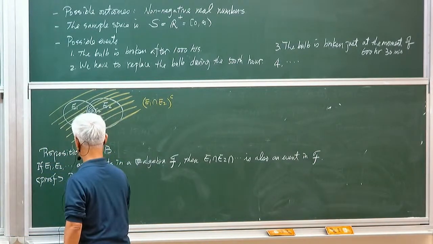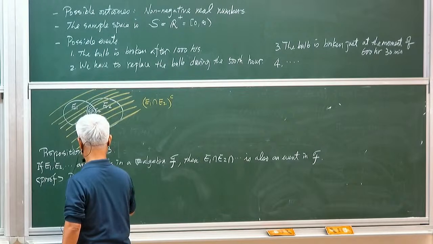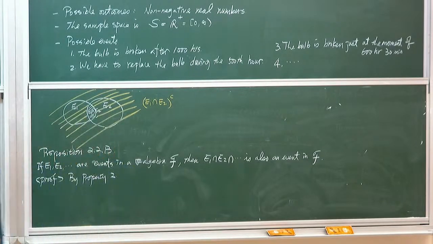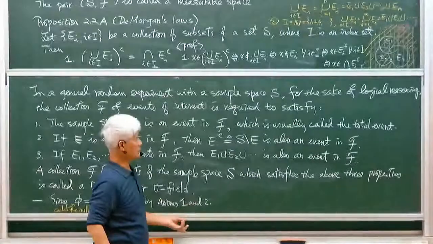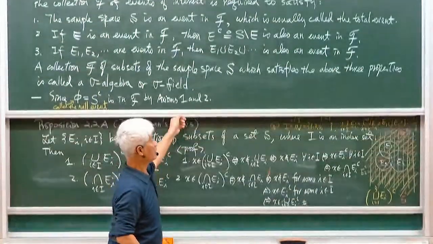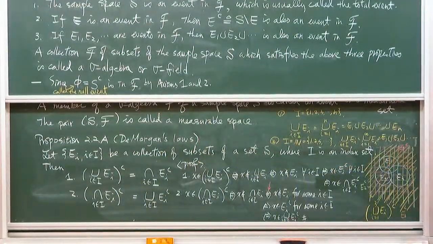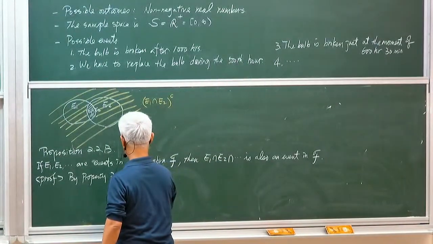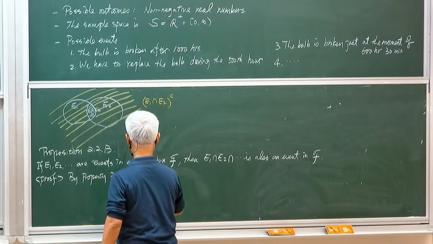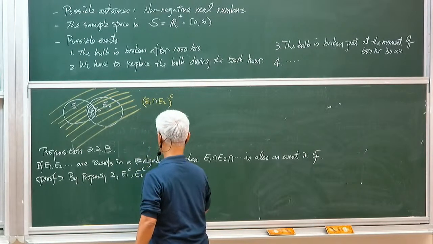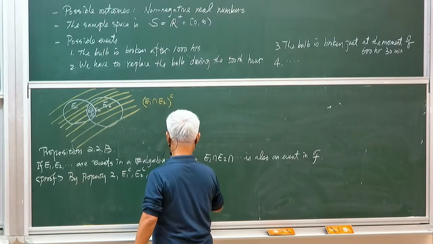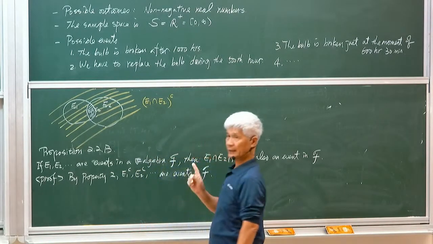By property 2, if E is an event in F, then the complement of E is also in F. Now, because E1, E2 are events in F, that means E1 complement, E2 complement, etc. are events in F, by property 2.